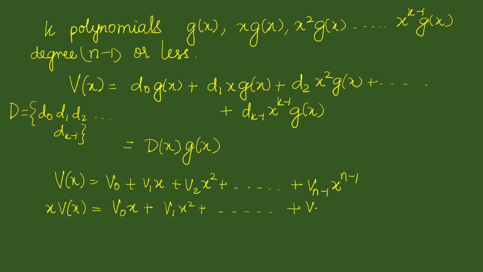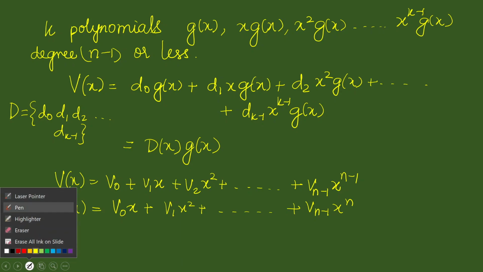The last one would be v n minus 1 into x raised to n. Now, since I know my code word vector is always of the degree associated, v of n minus 1 should always be associated with x raised to n minus 1.